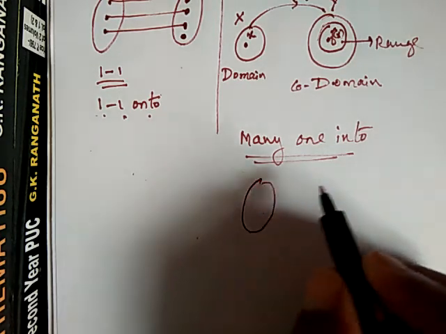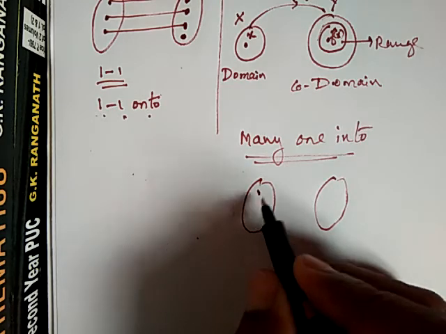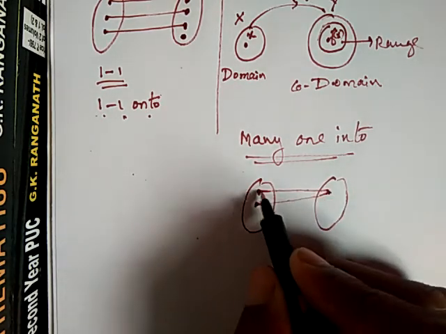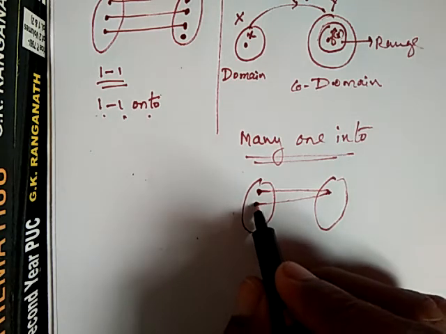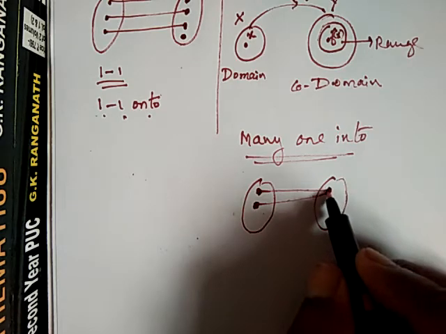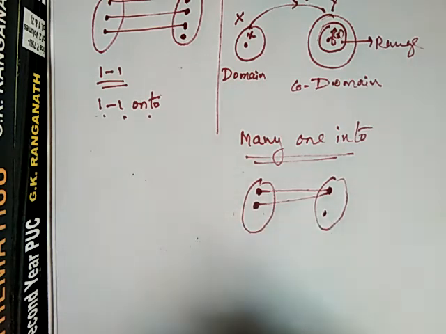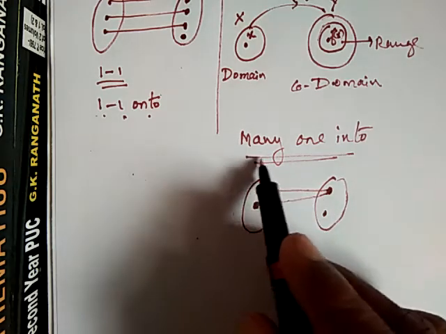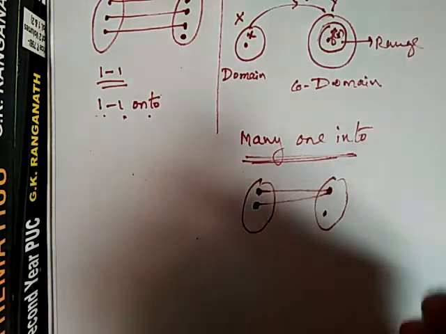Here also there is one domain and another codomain. Two elements have one image, like this; I didn't write the elements, it is just an example. If two elements have one image and one element is empty here, then range is not equal to codomain, so we can say this function is many-one into.